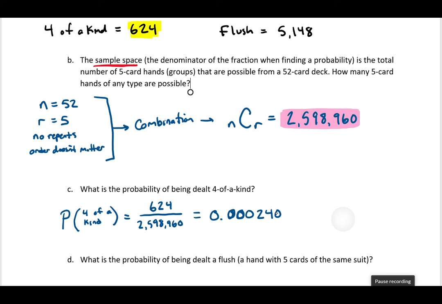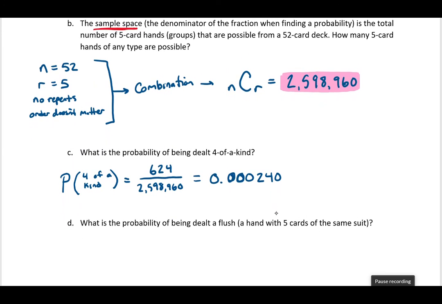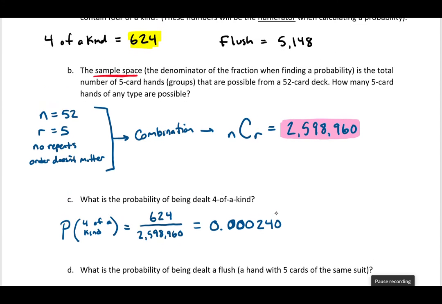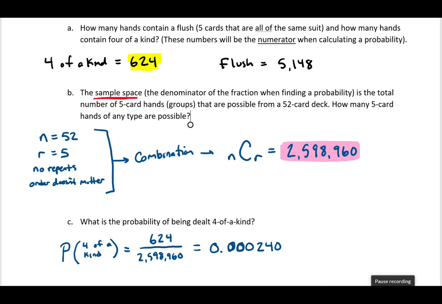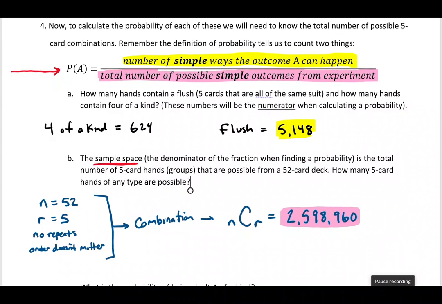And if we look at the probability of being dealt a flush, or 5 cards of the same suit, now instead of the 624, we're looking at the 5,148. So now the number of ways our outcome could happen is the 5,148. The number of ways our experiment could play out is the 2,598,960.